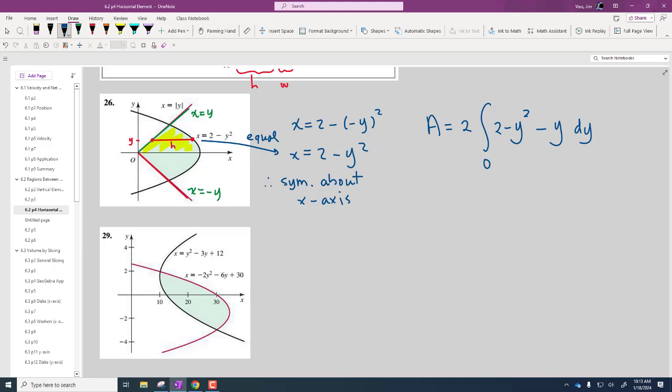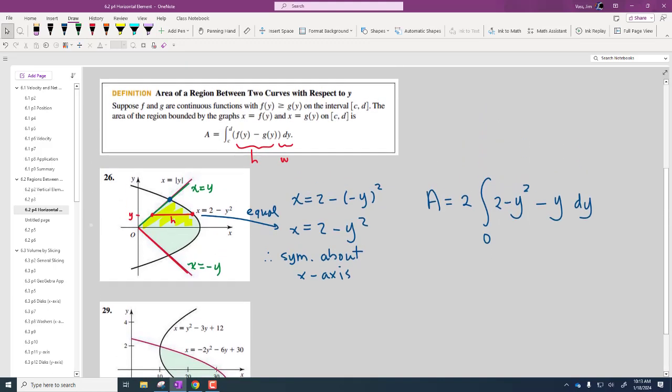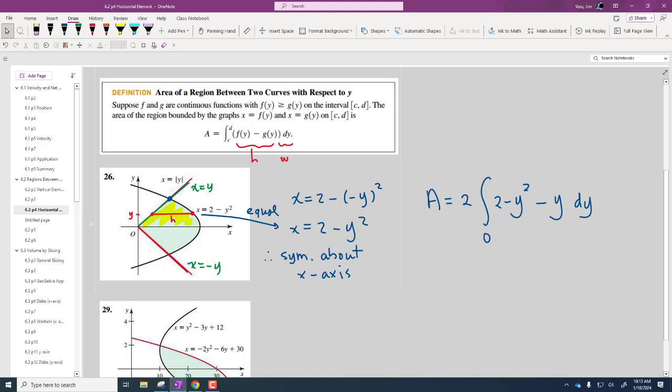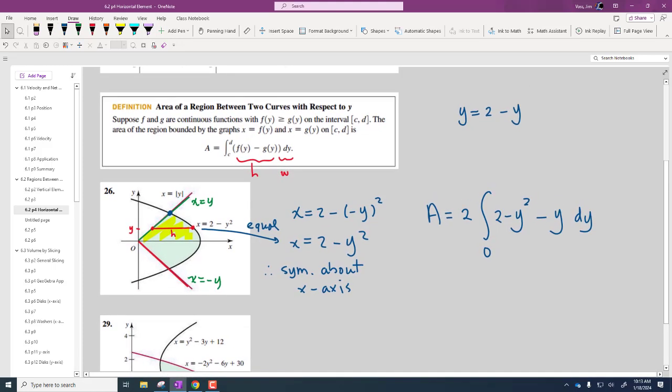And now we need to know this point of intersection right there. So let's figure that out. Let's come up here. So we're going to set these two functions equal to each other. So we're going to have y equals 2 minus y squared. That is a classic nonlinear equation. Everything to one side and factor.